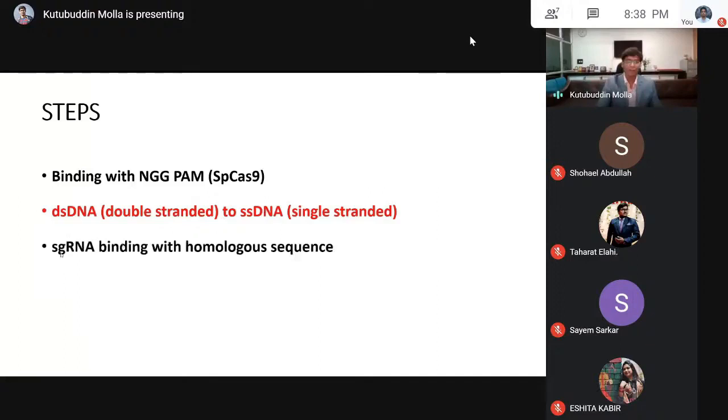Next, the guide RNA, that is called single guide RNA, will find the homology with the newly formed single-stranded DNA. If it finds the homologous sequence, it will bind with the single-stranded target DNA, and then the Cas9 gets the signal, oh, this is the target that I have to make a cut, because the sgRNA has perfect similarity with the DNA. Okay, then the Cas9 makes a cut.